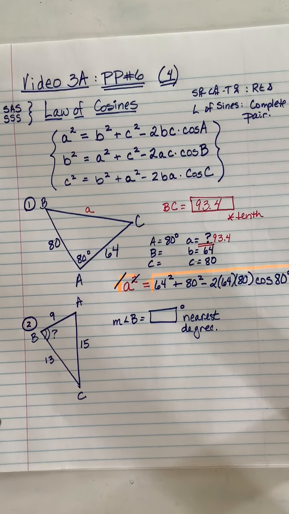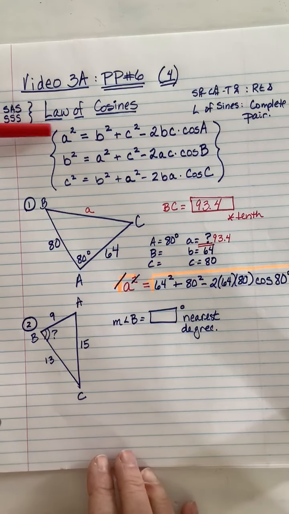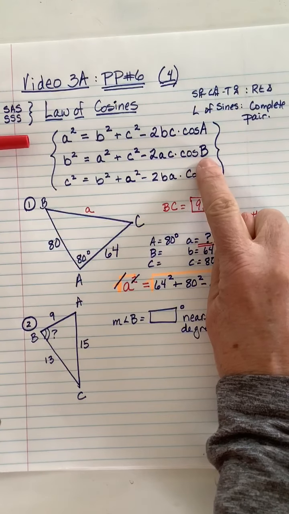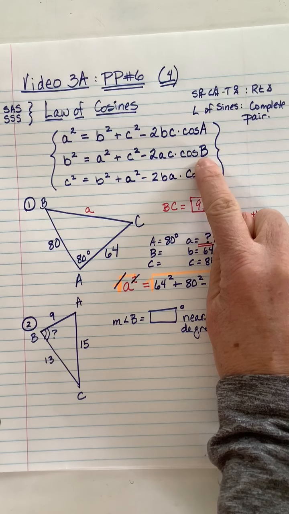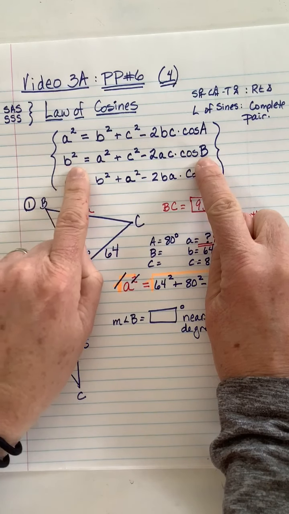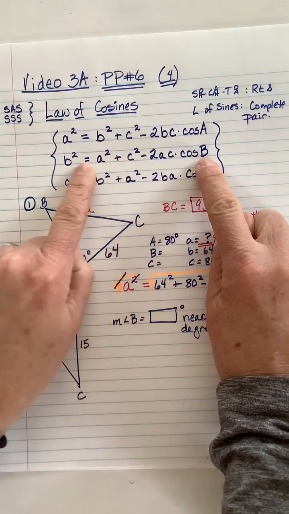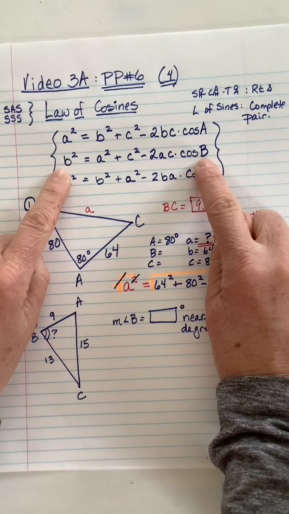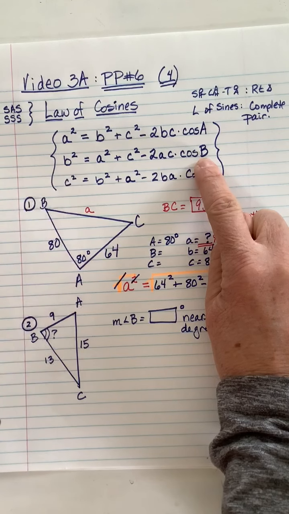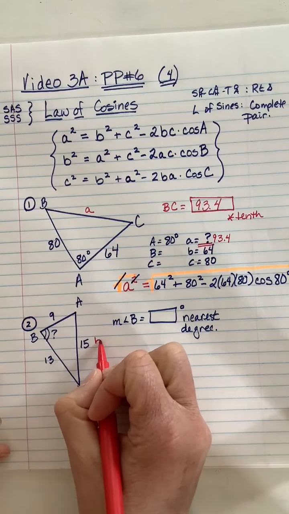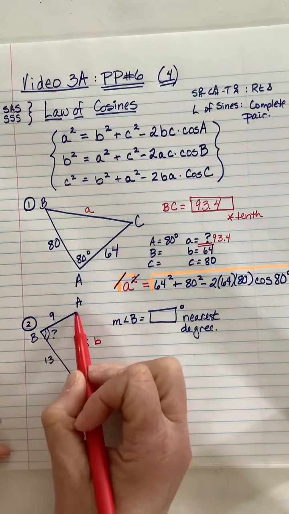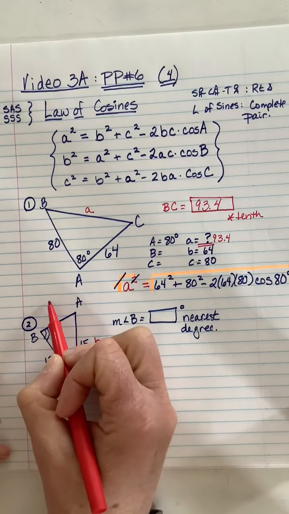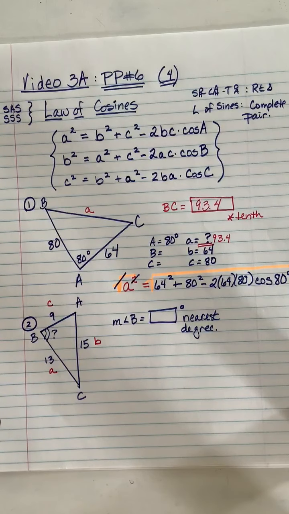Okay, so I've been given all sides. I have no complete pair, but as I look at my law of cosines, the angle that I'm looking for is angle B, which means this is the one that I should select in order to find angle B. All right, so I'm gonna lead the train with B squared. So if I'm going B, 13 is going to be little a, and 9 is going to be little c.